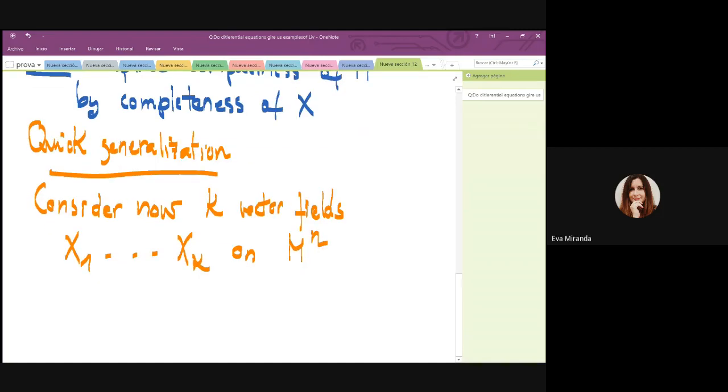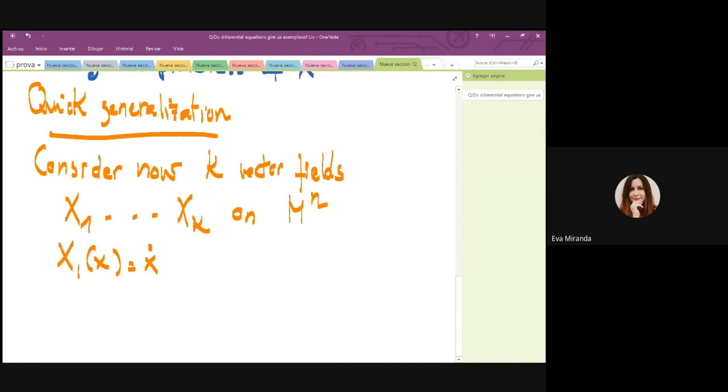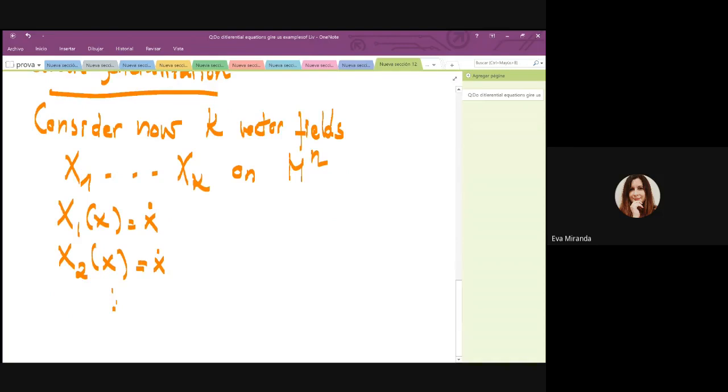Okay? And look at their defined differential equations, which I may consider to solve not as a system of differential equations, but as a system of independent variable equations. So I may consider indeed the system of equations.